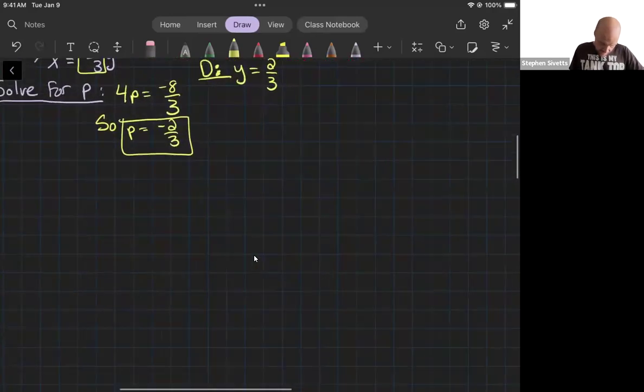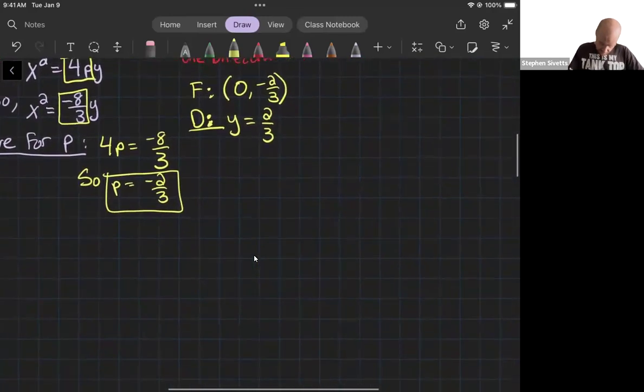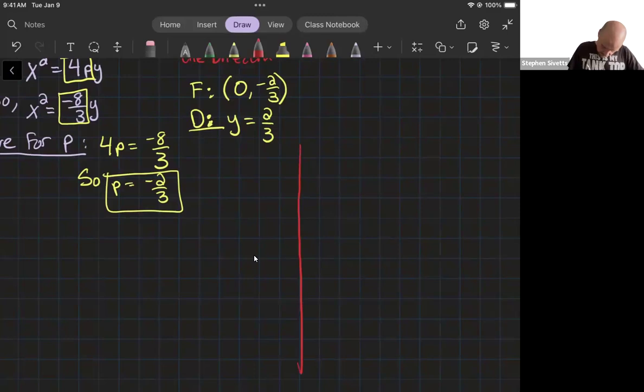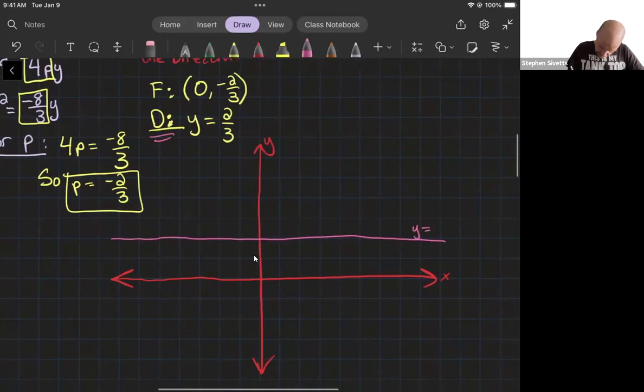So our graph, here's my graph. Okay, so x and then y. All right. And so what we want to do is label out the directrix as a horizontal line, which is here. So I'll say this is y equals 2/3. That's the directrix.